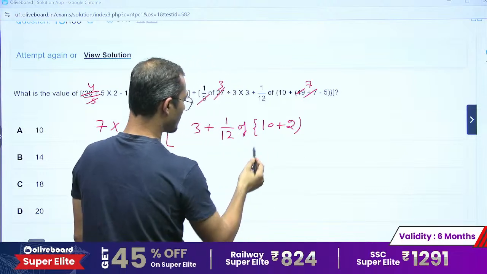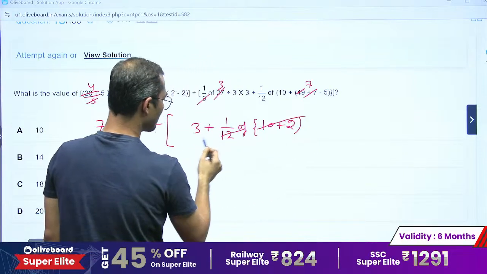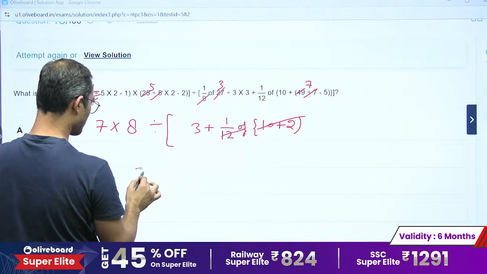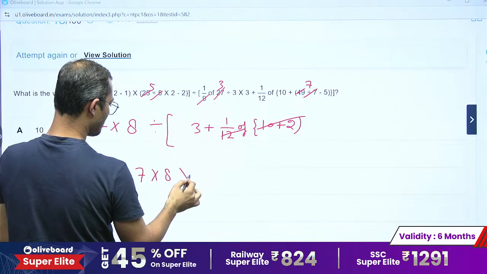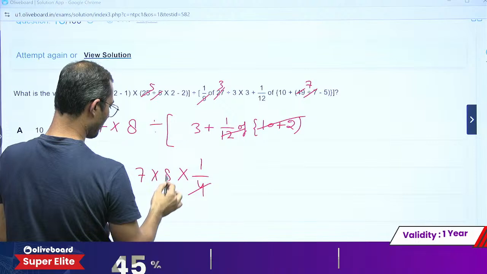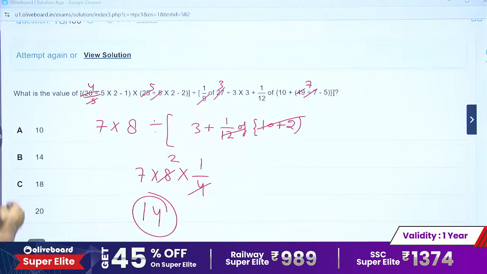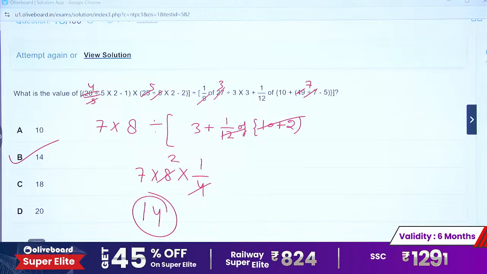So 12, this will be cancelled, so we will get 4, right? So 7 into 8, 1 upon 4, 2 times, so it will become 14, right? So 14 is the right answer. B part is the right answer.